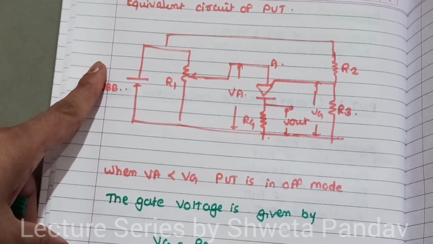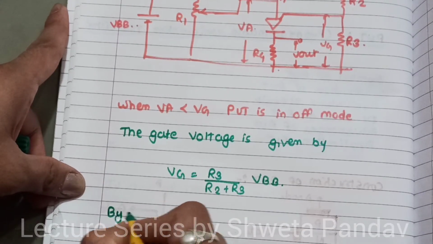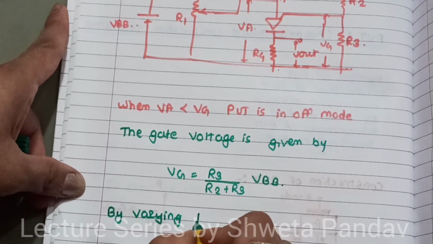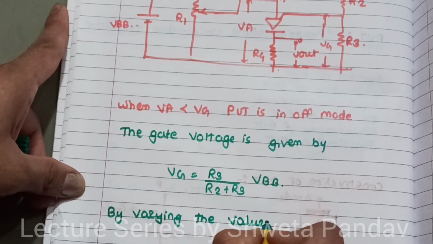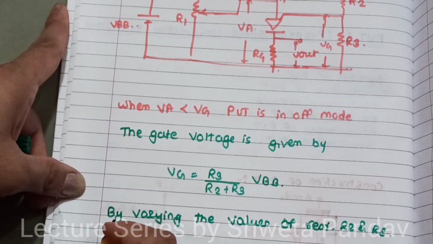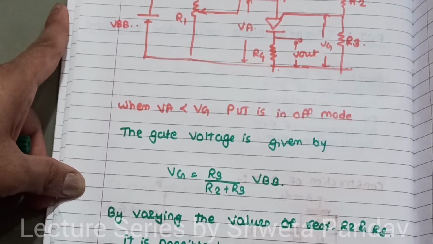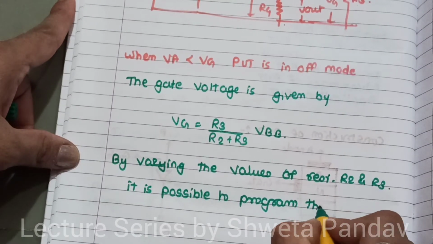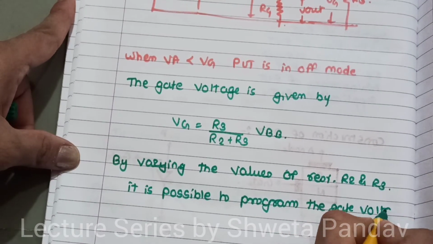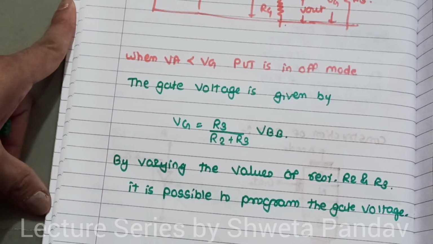So by varying the values of resistance R2 and R3, it is possible to program the gate voltage. This facility is not available in UJT, so it is called unijunction transistor.